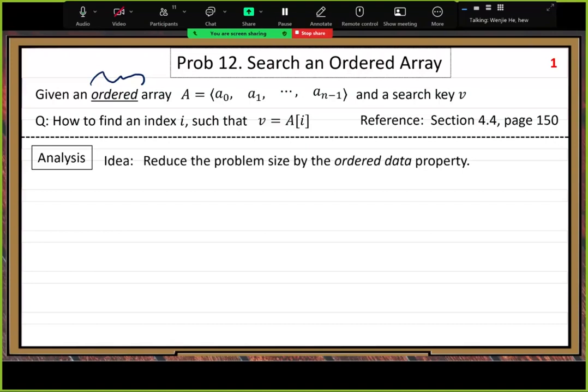Analysis idea: reduce the problem size by the ordered data property. So here we use the idea we used before, problem size reduction. We know when we reduce the problem size, then most of the time we can do better. Here I say most of the time because we can find special cases.